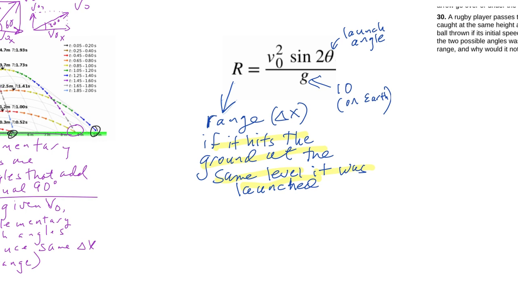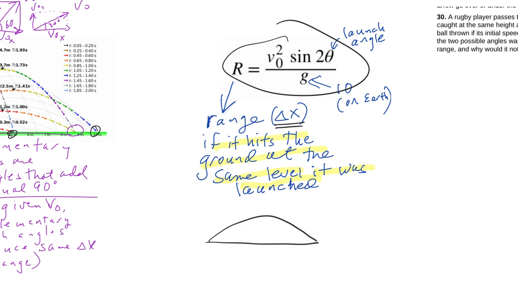Okay, now there is an equation for range, which makes life simple when you're solving these problems. And that's this. R is delta x, but they write it as R, range, capital R. Basically, it's pretty self-explanatory. But you can only use this if it hits at the same level that it was launched.